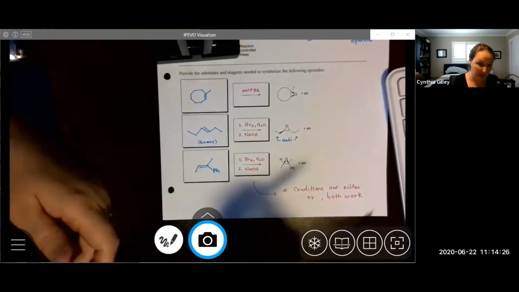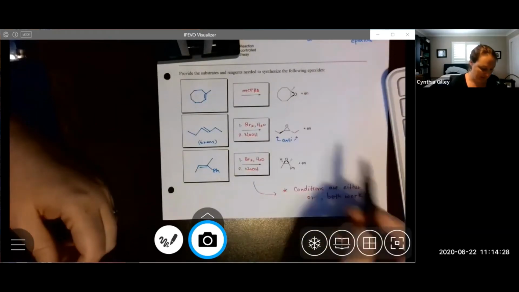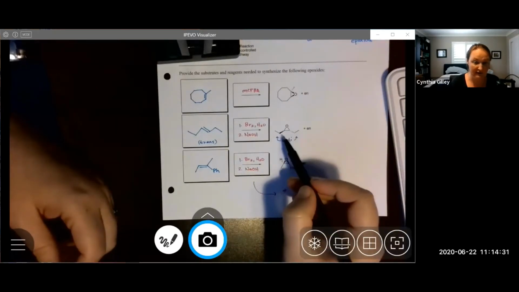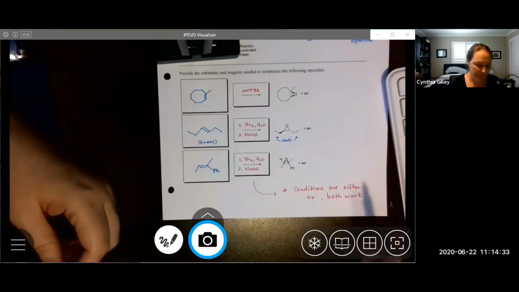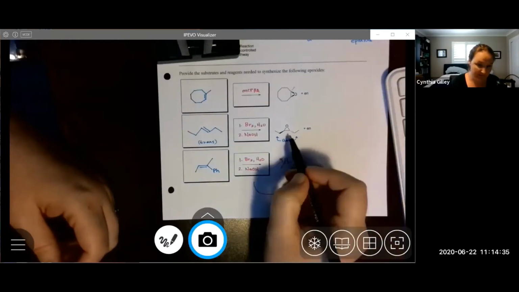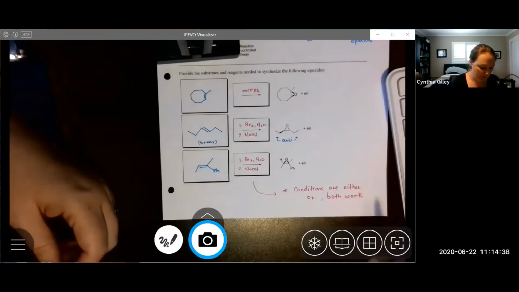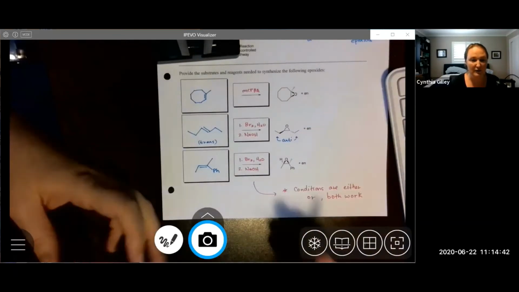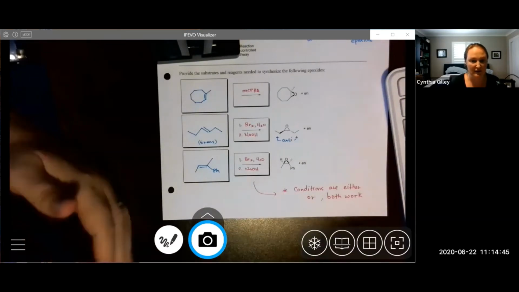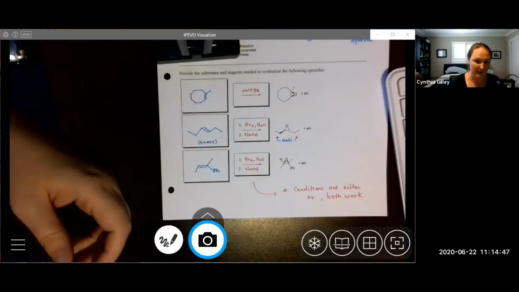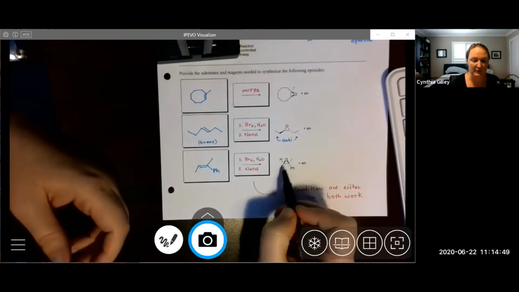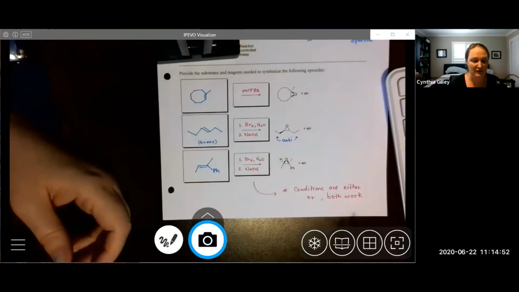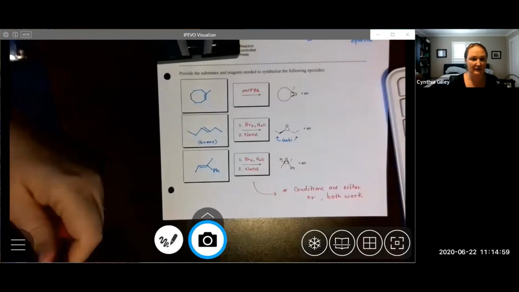It could be drawn in the plane, sort of with the lines to the oxygen, just a regular line, a dash or a wedge, and then that means the groups have dashes or wedges. Or you just make the epoxide on a dash or a wedge, and then one of the groups is on the other, either the dash or the wedge, whichever one you didn't put the epoxide on. One of these others is in the plane. So it's two different ways of showing stereochemistry, both of them. Questions on that?